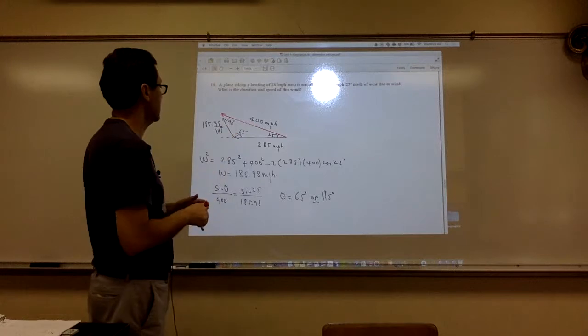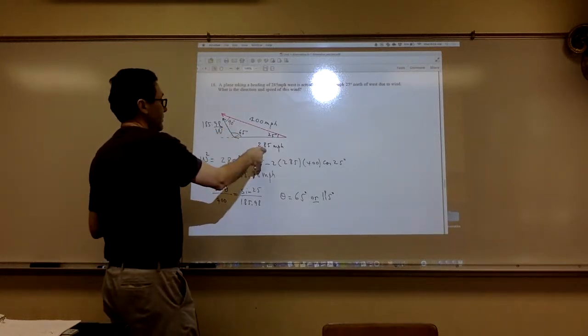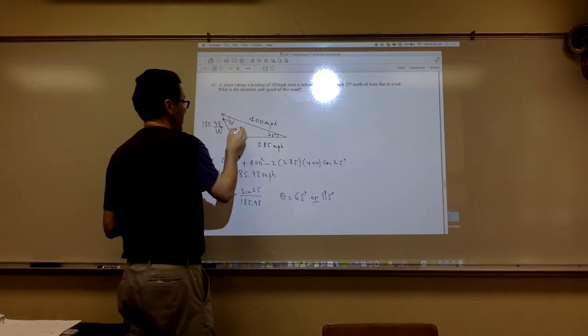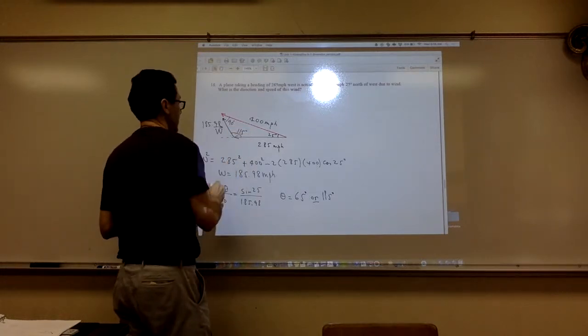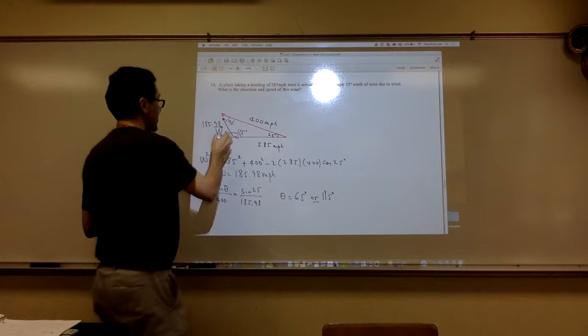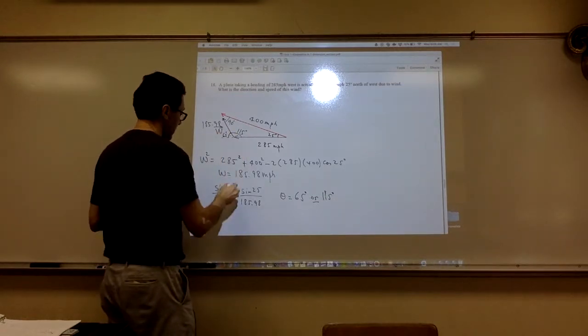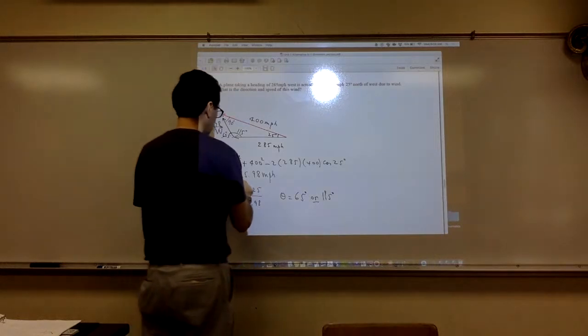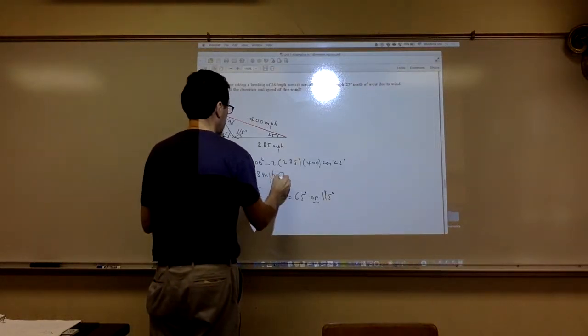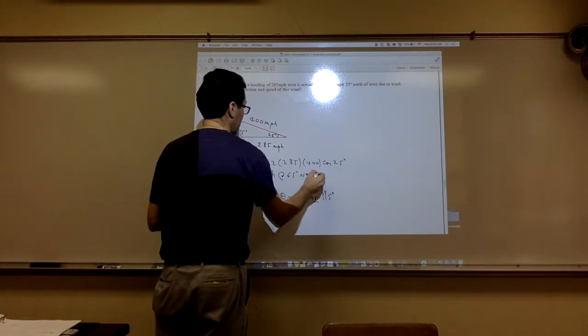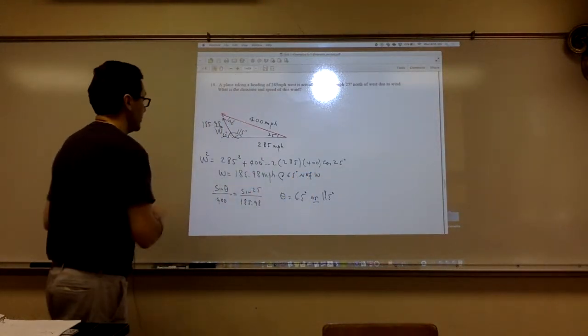That doesn't make sense, because across from the 90, I should have a bigger number than 400. So this has to be 115, which leaves us with 65 here, because that's 180. So the answer should be 185.98 at 65 degrees north of west. Okay, so that's one way of doing it.